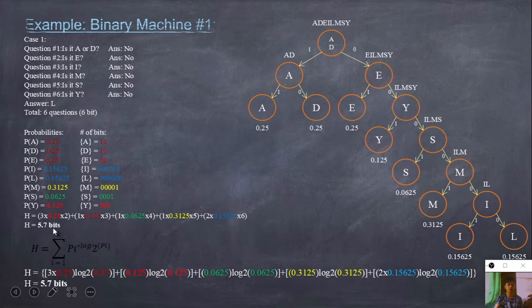So we will use this equation, which is the entropy equation, to find if it coincides with the first equation.